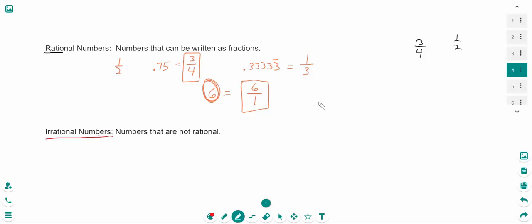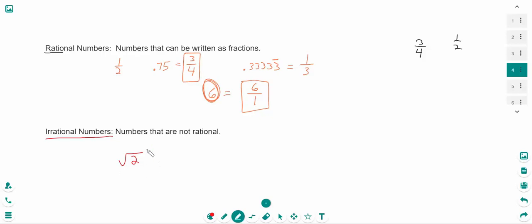So all of these numbers that we've shown so far are all rational, which would mean that they're not irrational. And the irrational numbers would be things like this. So the square root of 2, for example. I won't go into the proof behind this, but the square root of 2 is an irrational number. I would not be able to write that as a fraction of integers.